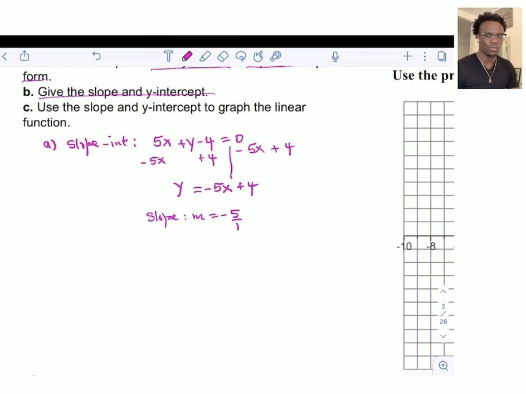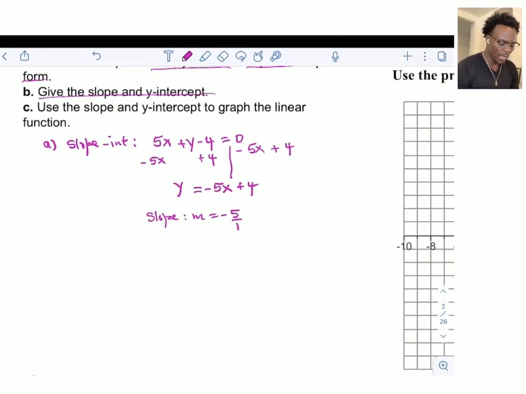You can put it on top, or you can put it in the denominator. The thing you cannot do is put it in both the numerator and the denominator. You need to choose one of them, not both. So for this one, it's negative 5 over 1.